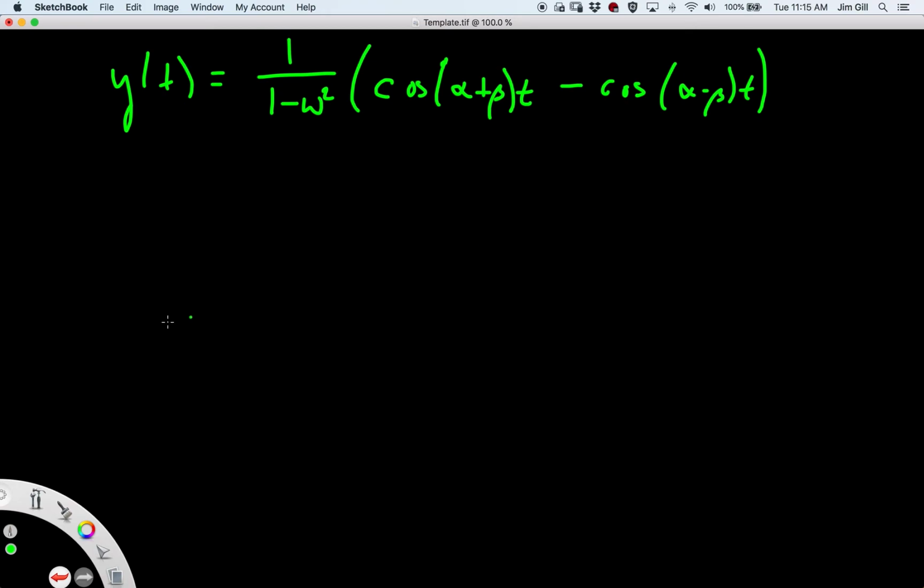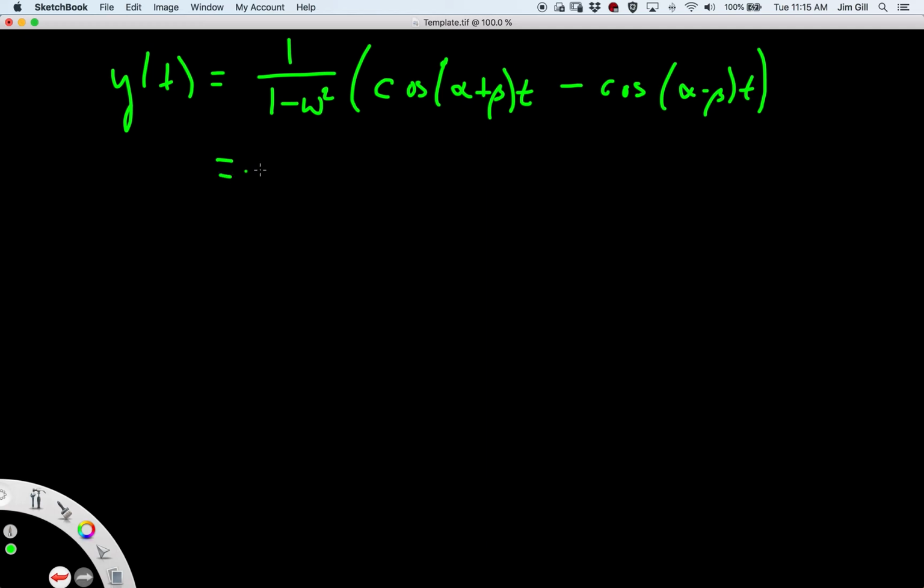So I've just written y in a different manner, and I'm keeping this omega in here. I don't want to mess with this omega. We'll just let that omega be, because it's not going to interact with anything. It's more of an amplitude. It has nothing to do with the period or the frequency.